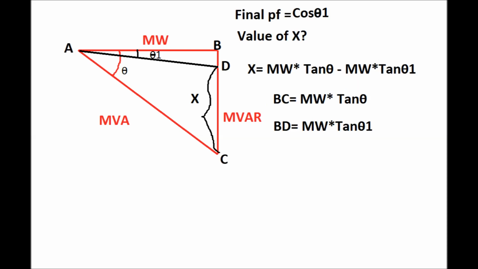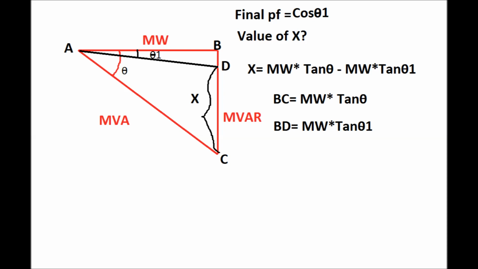Now for the triangle ABC, the initial megavar drawn by the load is given by BC. BC by AB is tan theta, so BC equals AB into tan theta, that is megawatt into tan theta. And for the triangle ABD, the value of BD, that is the reactive power that will be drawn by the system after reaching the final power factor, is equal to megawatt into tan theta 1.